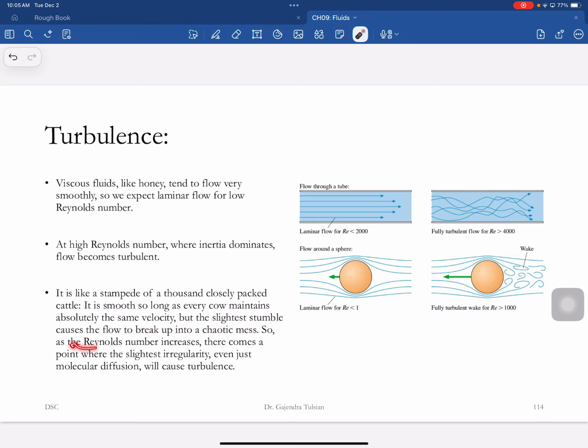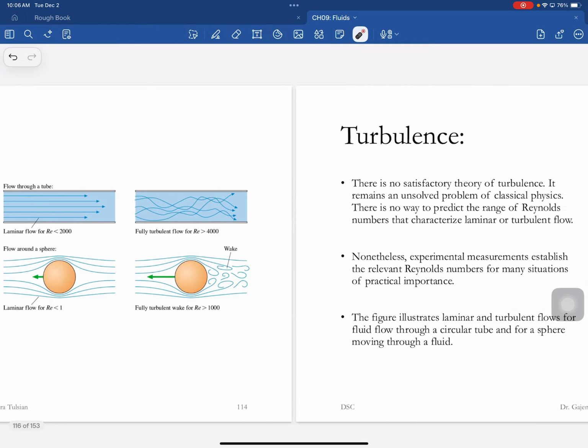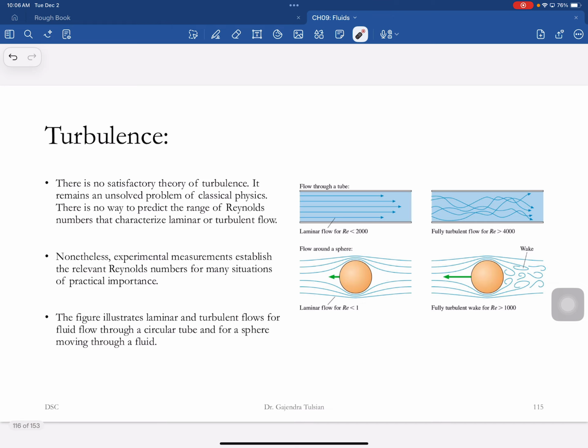As the Reynolds number increases, there comes a point where the slightest irregularity, even just molecular diffusion, can cause turbulence. So at high velocities, even the smallest disturbance can cause turbulence. Imagine a whole bunch of cattle running into a pen at high speed, and one stumbles, and what happens to the flow? Nobody's going into the pen.